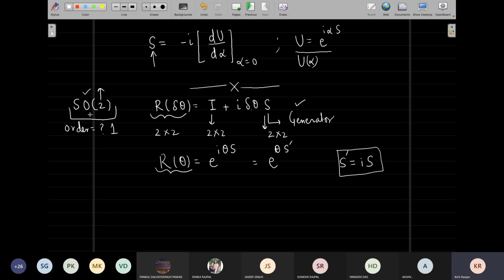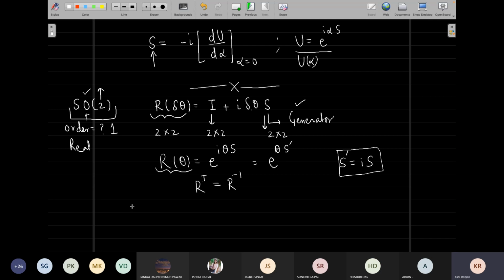What kind of 2 by 2 matrices? Cos theta, sin theta, minus sin theta, cos theta. Yeah, but these enjoy what property? Orthogonal. Now, orthogonal is nothing but R transpose is equal to R inverse, right? So let's just find out what is R transpose and R inverse and equate them.